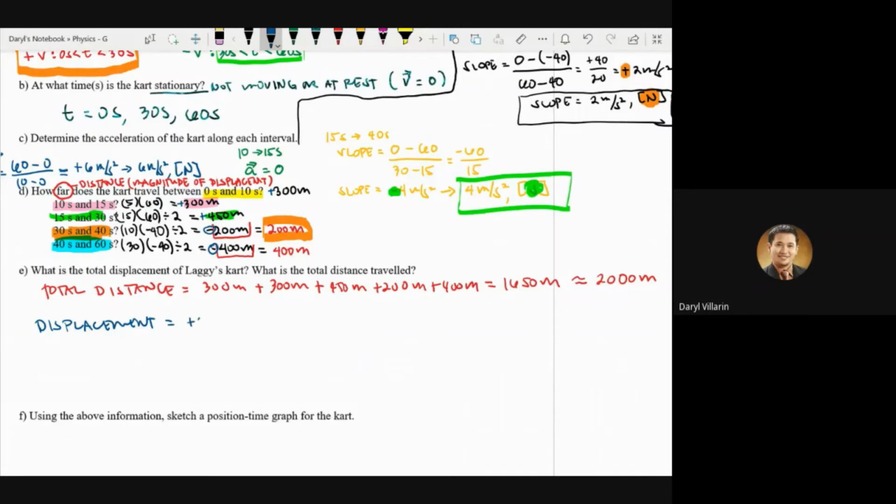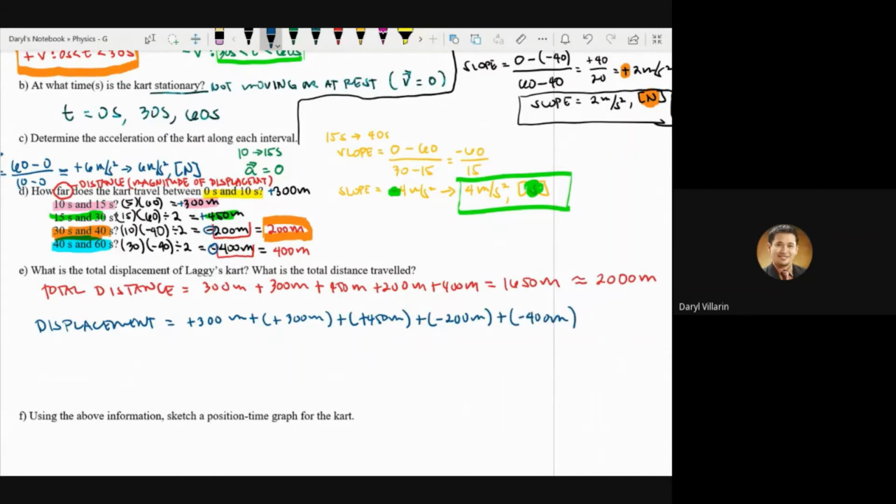So you have positive 300 meters plus positive 300 meters plus positive 450 meters and plus the negative of 200 meters, then plus the negative of 400 meters.